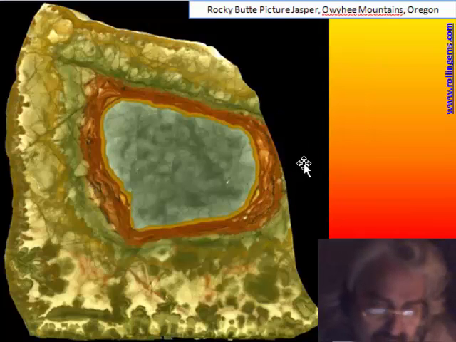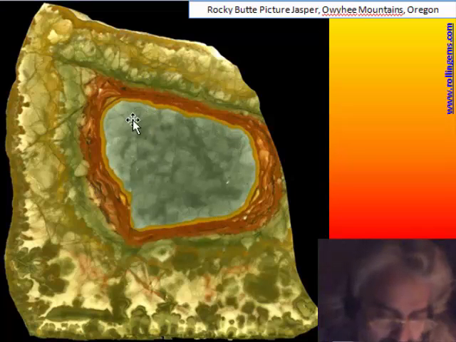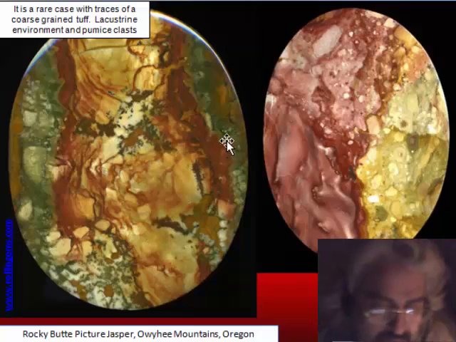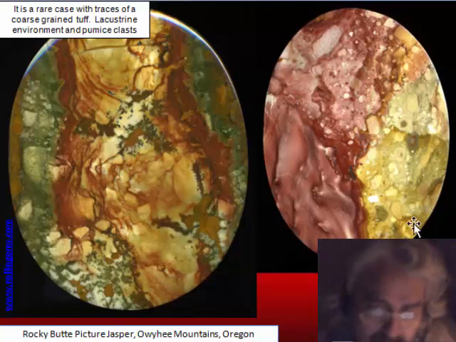This is another picture Jasper, where is very net the distinction from the bivalent iron color and the oxidized iron color here. And the rocky butte is a rare case where in some area it's possible to note coarse grained tuff. So this is the shape of original clast of the tuff, and we know that this is not in marine environment.